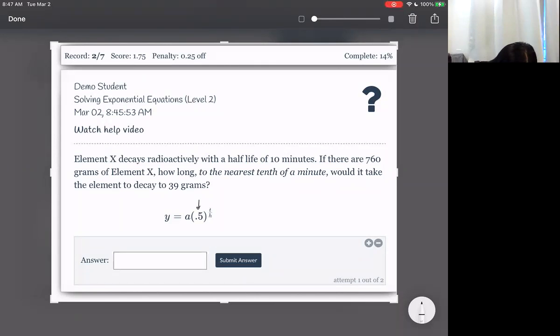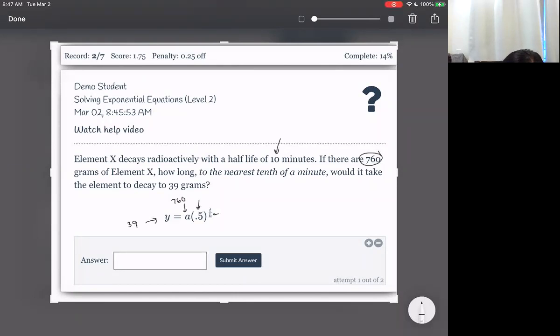Okay, so if there are 760 grams of element X, that's going to be right over here. That's your starting amount. And then how long to the nearest tenth of a minute would it take for the element to decay to 39 grams? So 39 grams is your Y value. It's what you want it to end up as. So it's pretty similar to the last problem in many ways. And then also your half-life is 10 minutes.